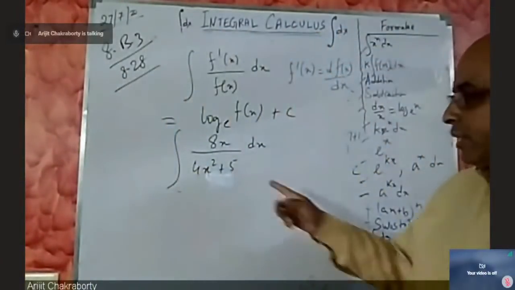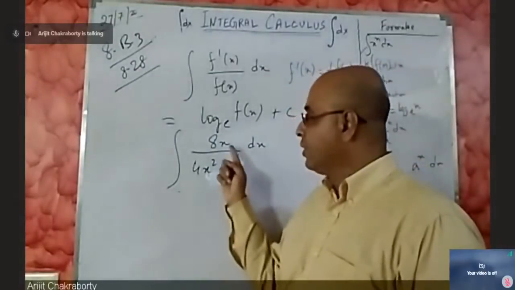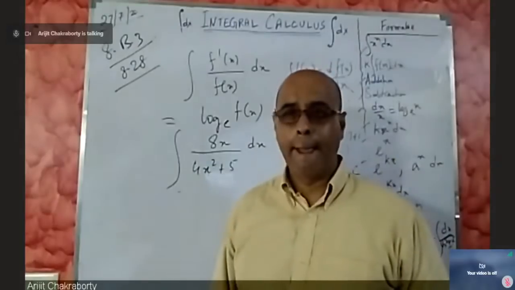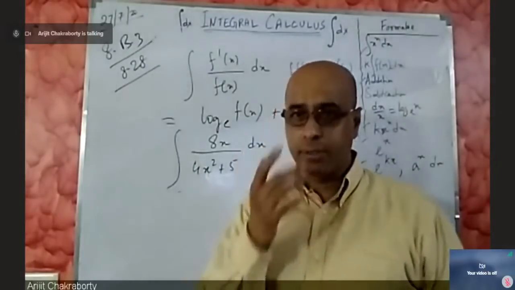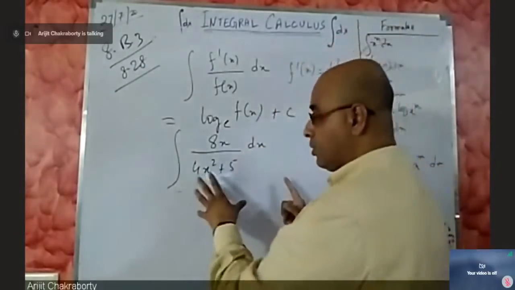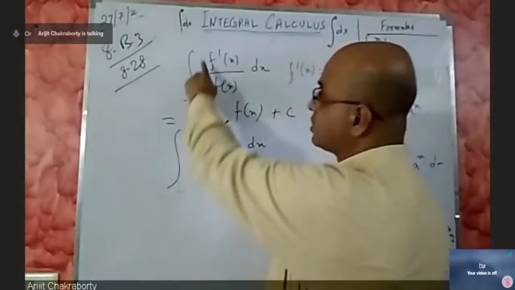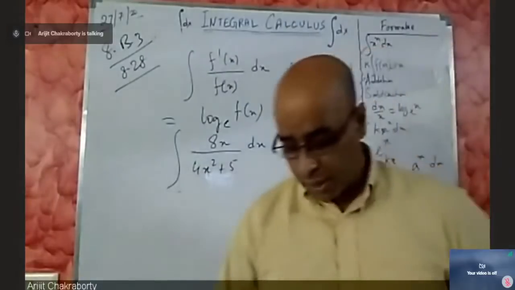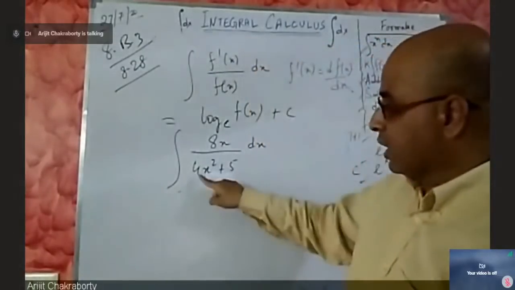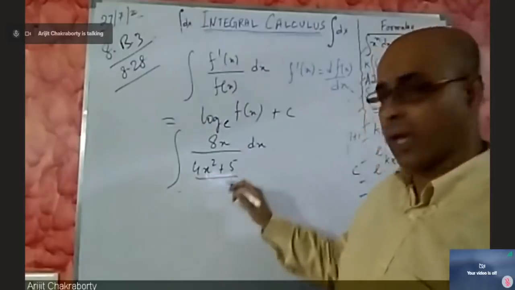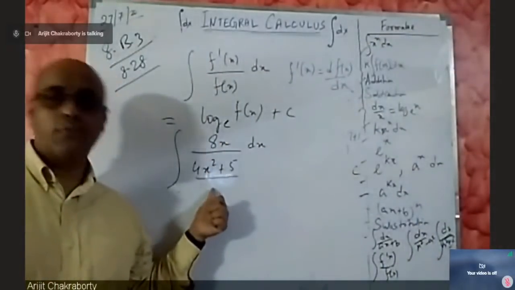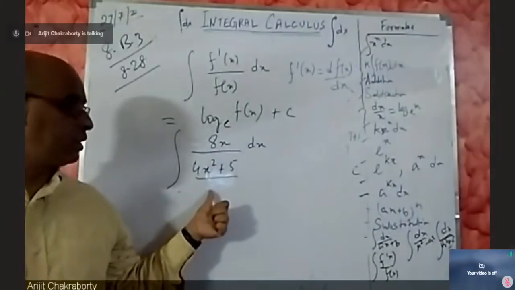The denominator is 4x square plus 5 and the numerator is 8x. I'm sure you are able to see the connect. I'm able to explain this using this formula. So 4x square plus 5, if you differentiate it, that means if you find the differential coefficient of 4x square plus 5, what will you get?